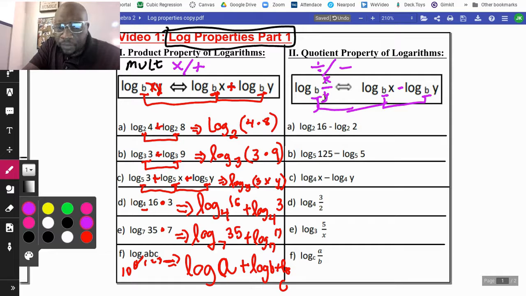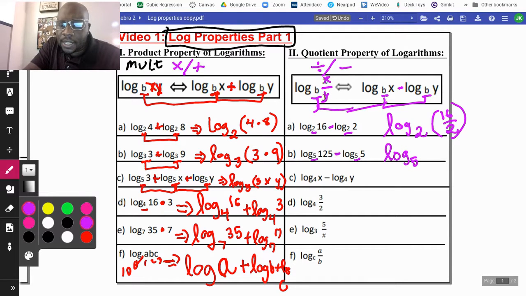All right. First, you look, it's log base 2. So you have to have a log base 2, and because this is a minus, it's associated with dividing. So you start with the first one, 16 over the second. That's it. Let's keep going. Log base 5.